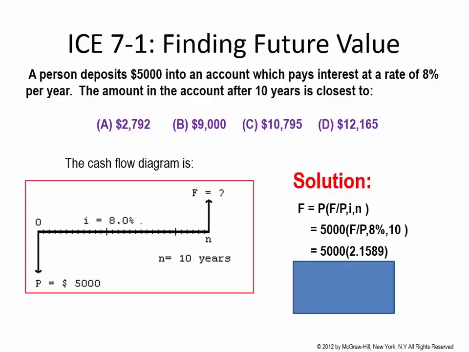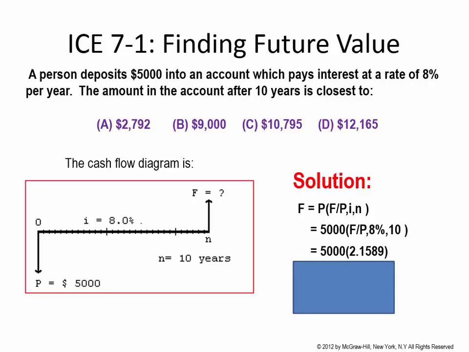What you do is you first interpret what is given and what is unknown. So here we want to find F given P. And so for the solution, I would write find F given P. And so that is F slash P. And then we look and see what's the interest rate, 8%. I equals 8%. And then we see how long it is, 10 years.